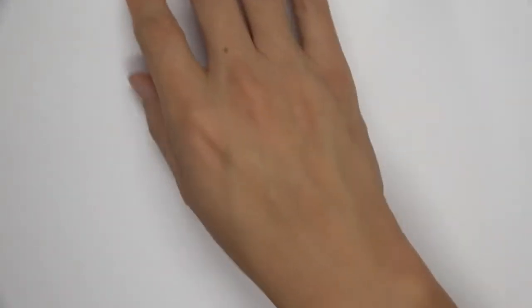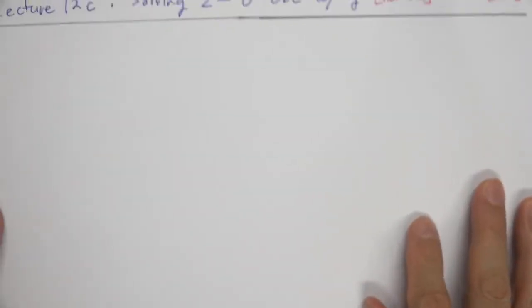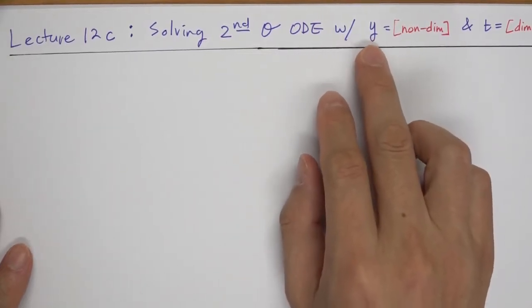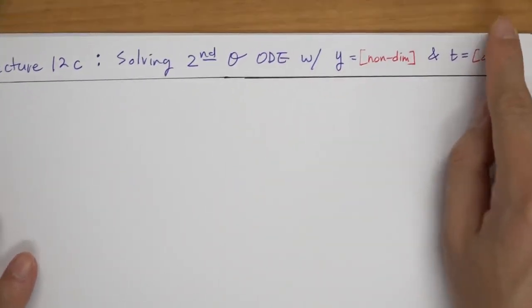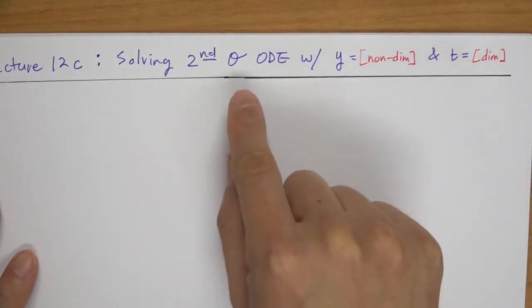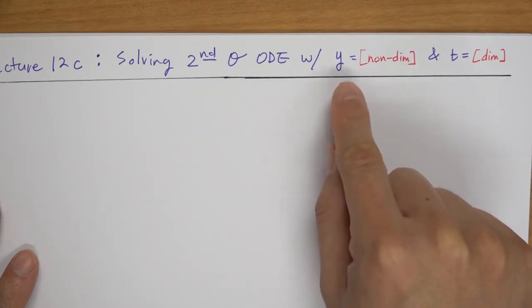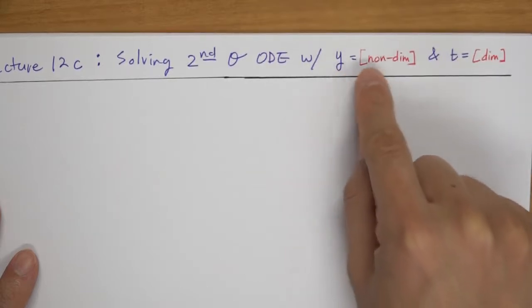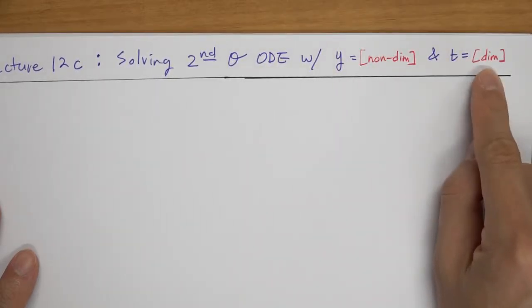All right, in the previous lecture, I mentioned that we solved for y when both y and t were non-dimensional. But in today's lecture, I'd like to solve the ordinary differential equation when y is non-dimensional, but t is dimensional. And that's where we left off in the solution here.